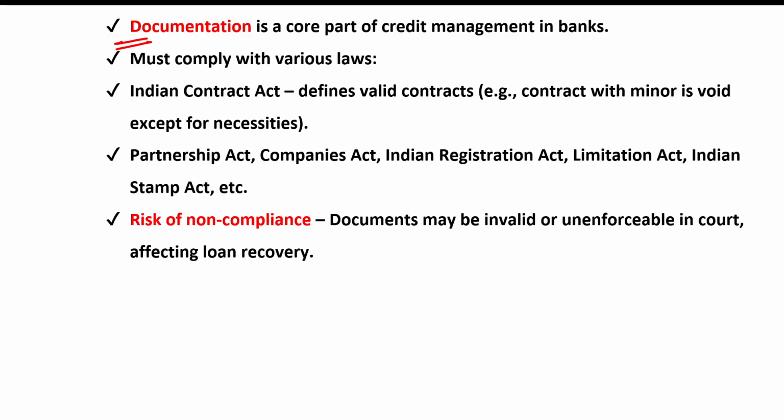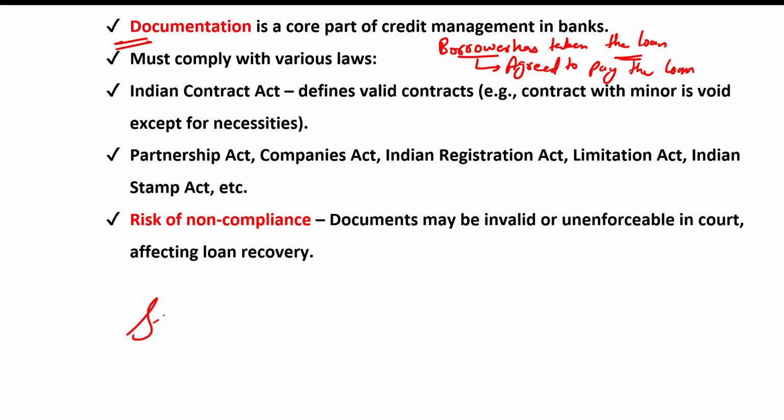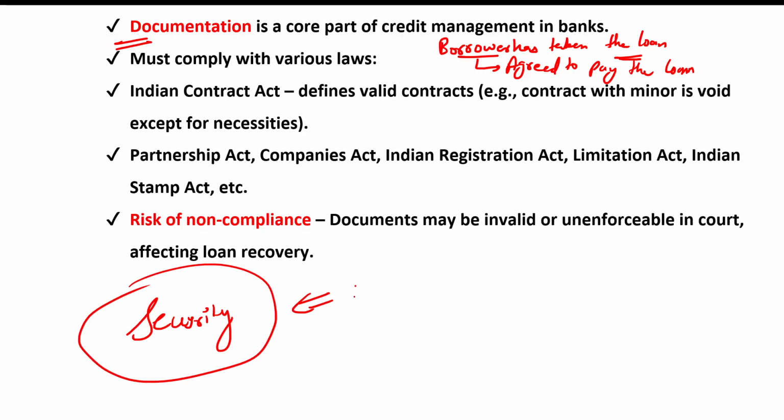These documents act as proof that the borrower has taken the loan, the borrower has agreed to pay the loan, and the bank has legal rights over the security. The bank has the right over the security which has been offered.